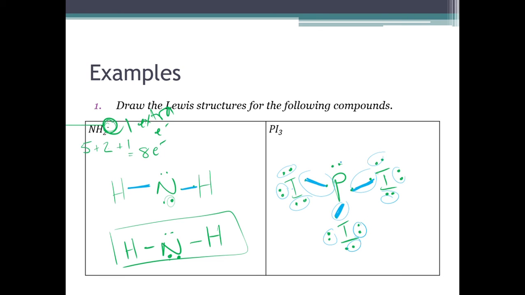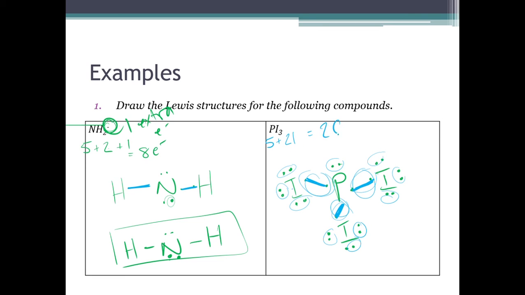And then our phosphorus, 2, 4, 6, 8. So all good there. Last thing to double check is to make sure we've used the correct number of electrons. So we've got phosphorus starting with 5 valence electrons, and each iodine starts with 7 valence electrons for a total of 21 coming from there.